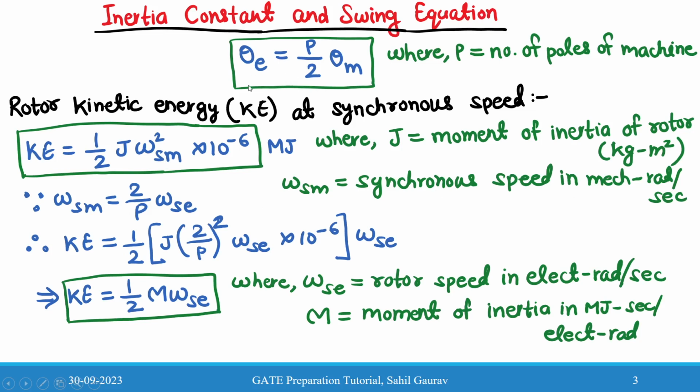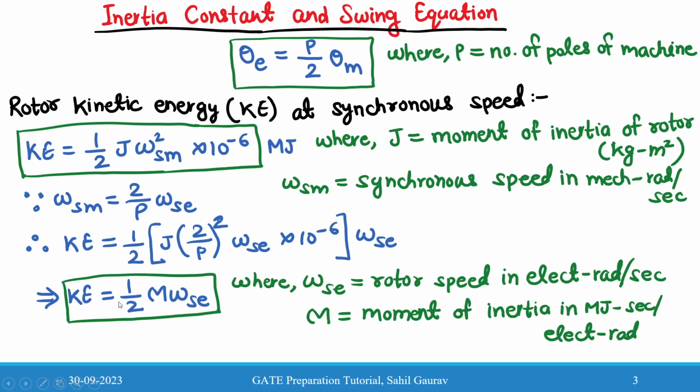Now we will use this relation of electrical degree and mechanical degree. So we can write omega sm is equal to 2 divided by P into omega E. And on putting this value, we take one omega E inside the bracket and one omega E outside this bracket.